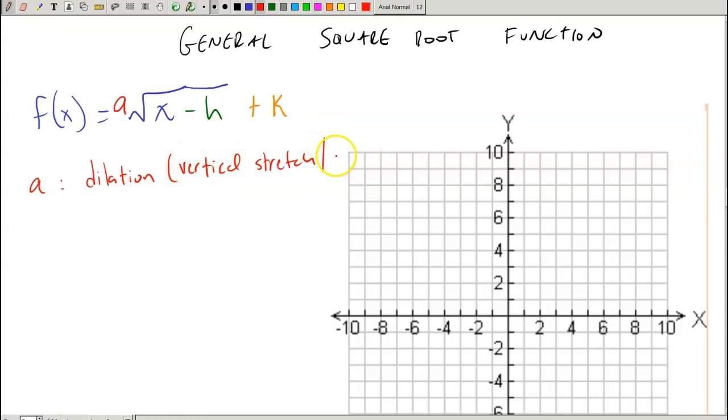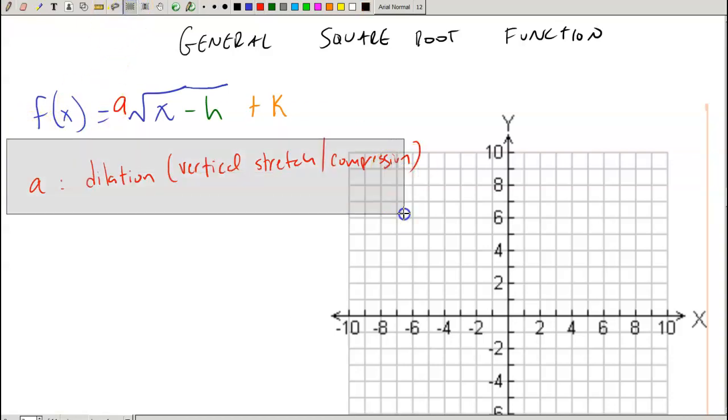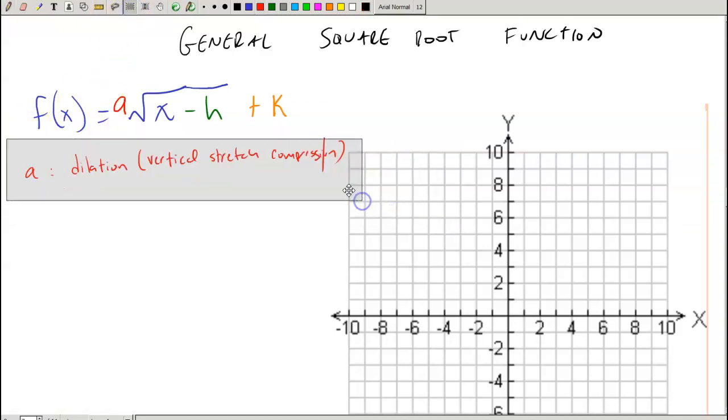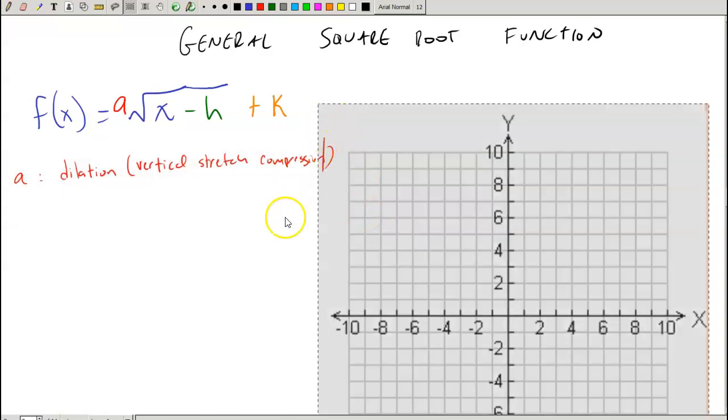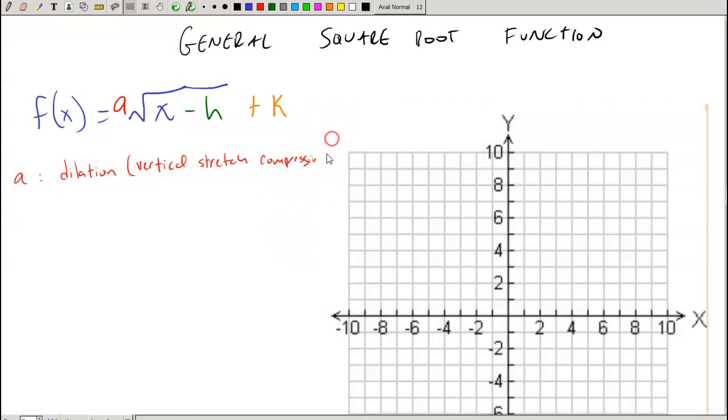So vertical stretch or compression. And then, as we saw, if a is positive, the graph is increasing. If a is negative, the graph is decreasing. It's going downward, right? So keep that in mind.